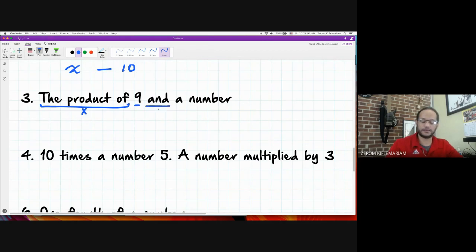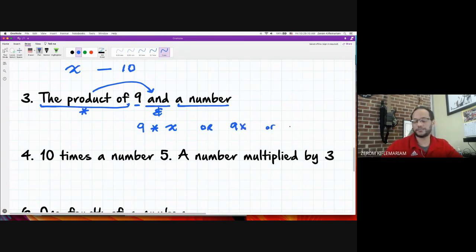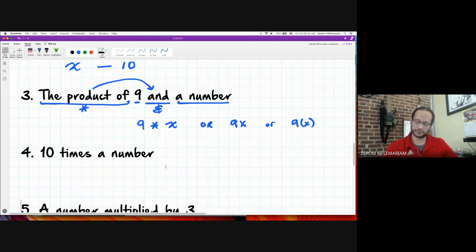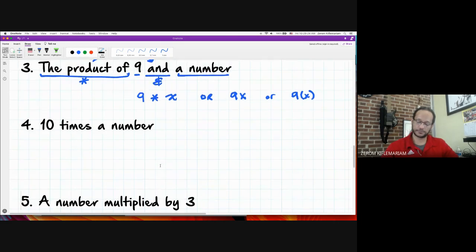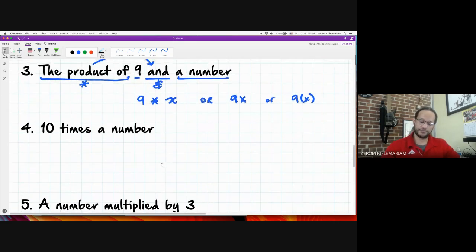9 and a number. So usually when you see and, the multiplication sign goes where the and is. So it will be 9 times x, or 9x, or 9 times x with parentheses is fine. Number four.